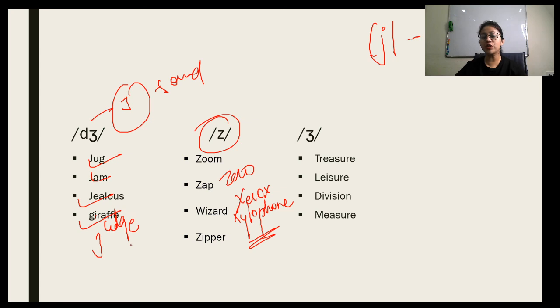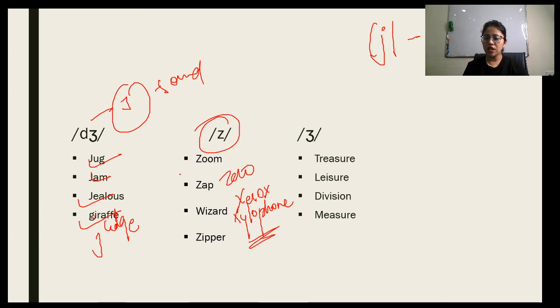Now, I'm going to move on to the last category, which is zh. If you look at giraffe, it's in the last one, not this one. So first one. So now it's the zh. It's neither z, nor is it j. It's in the middle, a mixture of both of these.